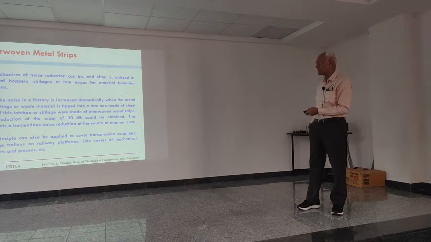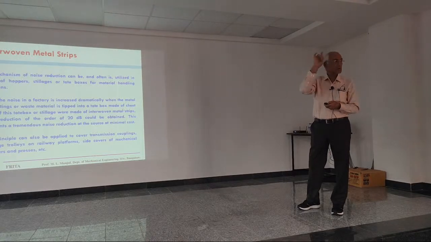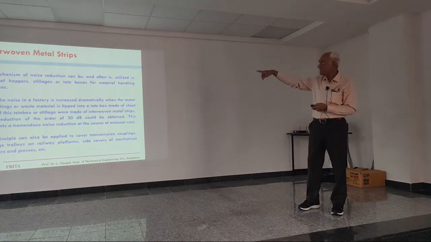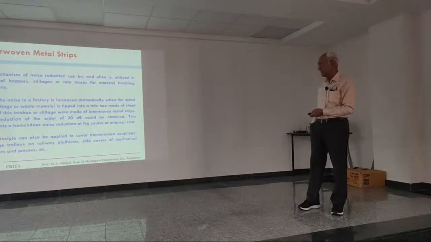If these tote boxes or stillages are made of interwoven metal strips, noise reduction of the order of 20 dB could be obtained. And this professor showed me he got a reduction of 26 decibels using this. This represents a tremendous noise reduction at the source at minimal cost. This principle can also be applied to cover transmission couplings, baggage trolleys on railway platforms, side covers of mechanical hammers and presses, etc.